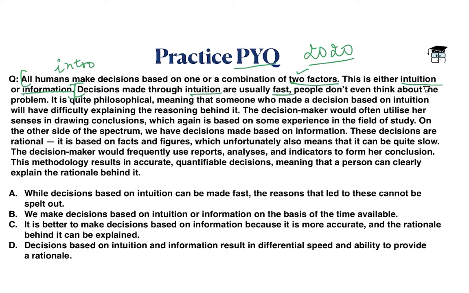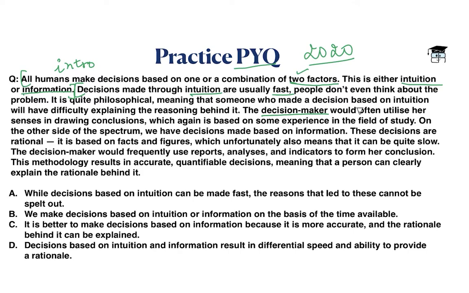People don't even think about the problem. It is quite philosophical, meaning that someone who made a decision based on intuition will have difficulty explaining the reason behind it. The decision maker, keyword, would often utilize her senses in drawing conclusions, which again is based on some experience in the field of study.